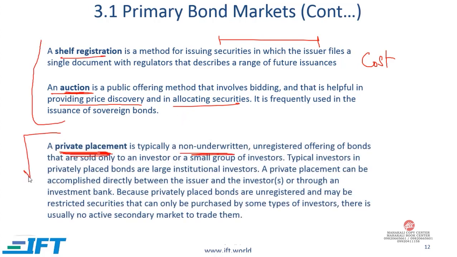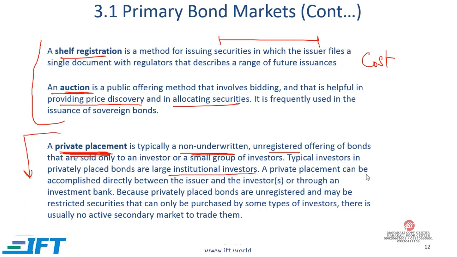Here now we'll talk about a private placement. A private placement is typically a non-underwritten, unregistered offering of bonds that are sold only to an investor or a small group of investors. Typical investors in privately placed bonds are large institutional investors.